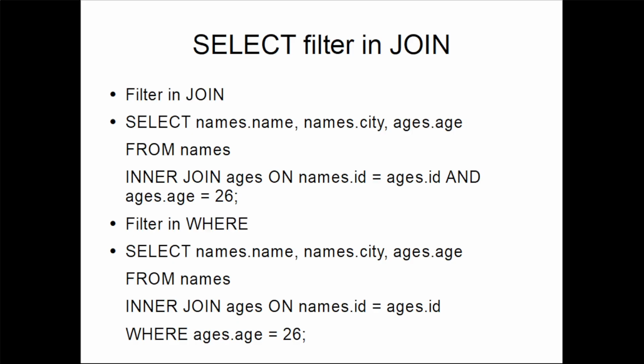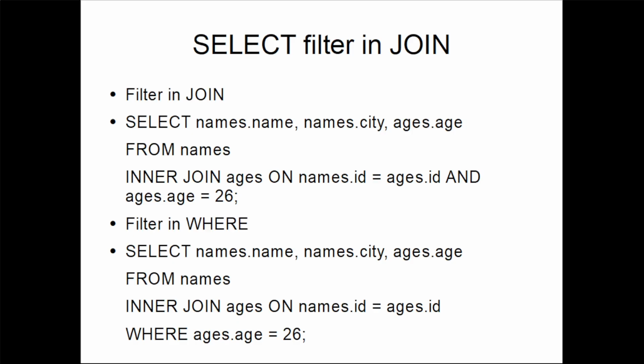Filtering in WHERE instead. Now, let us try the same goal using WHERE. SELECT names.name, names.city, ages.age FROM names INNER JOIN ages ON names.id = ages.id WHERE ages.age = 26. Run this query too and compare.